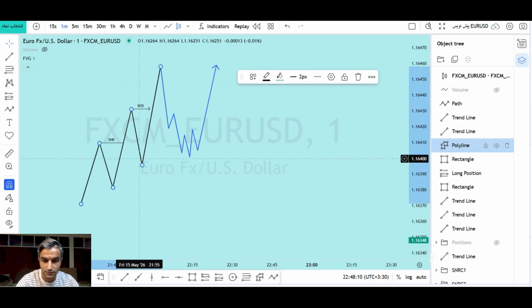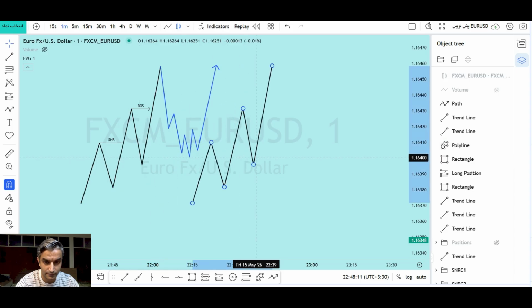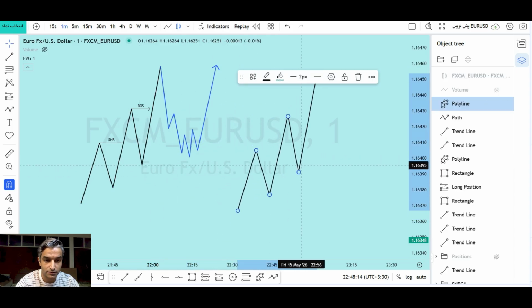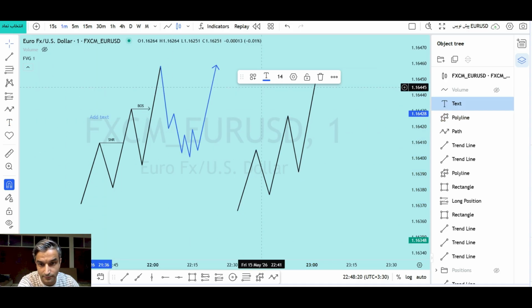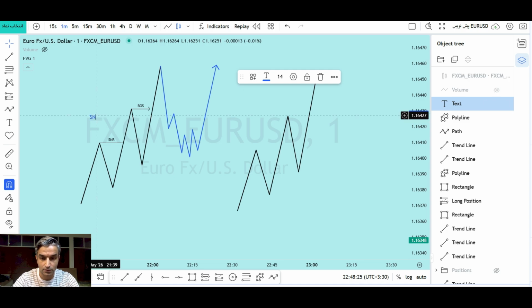Okay, but if I want to explain about the SNRC1, let me write here. This is SNRC2. Oops.